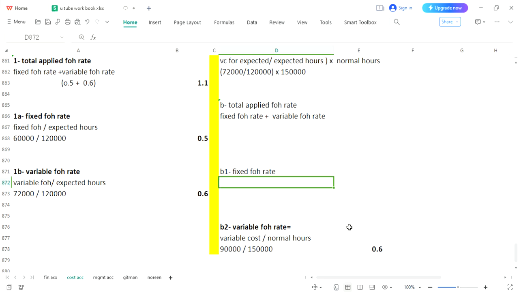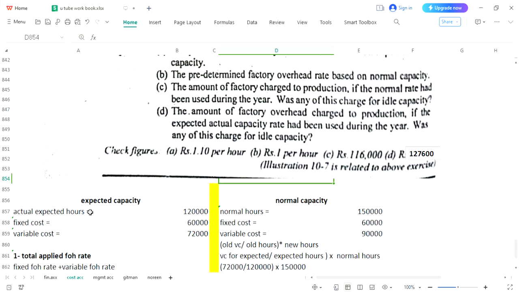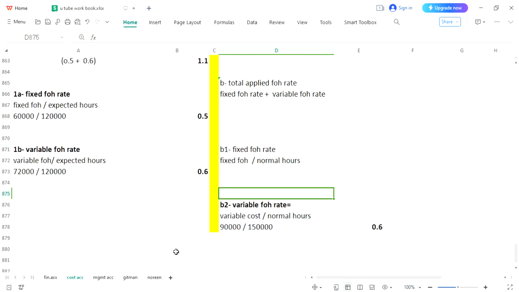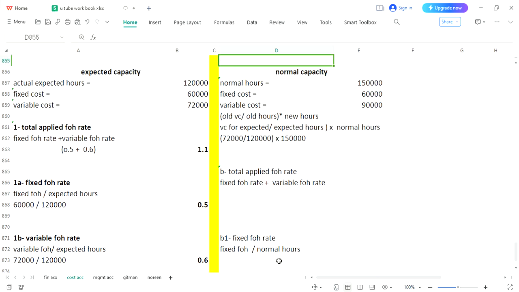Now it's time to calculate the fixed FOH rate. The formula is fixed FOH, and that would be divided by normal hours. You can see what benefit we have taken by arranging our data. Everything is segregated for normal and expected, and now we are very comfortable. We are picking our amounts from the data which we have arranged and directly posting.